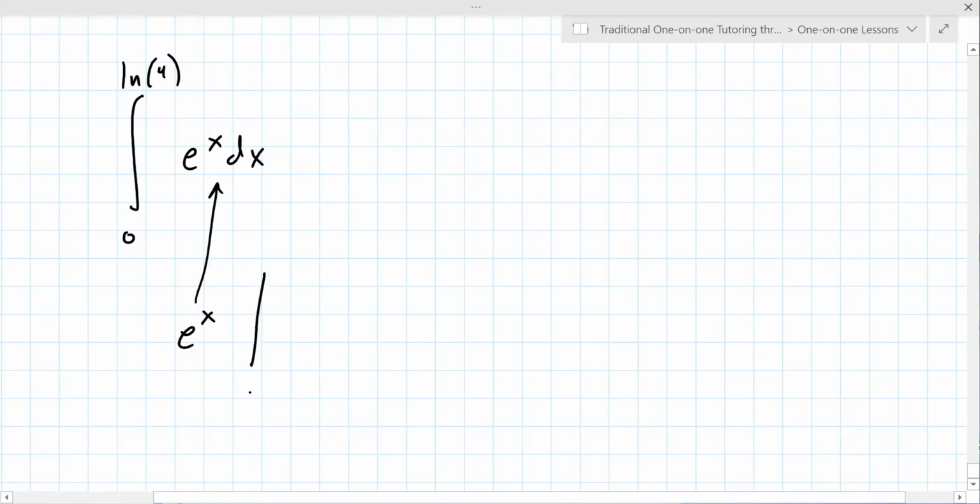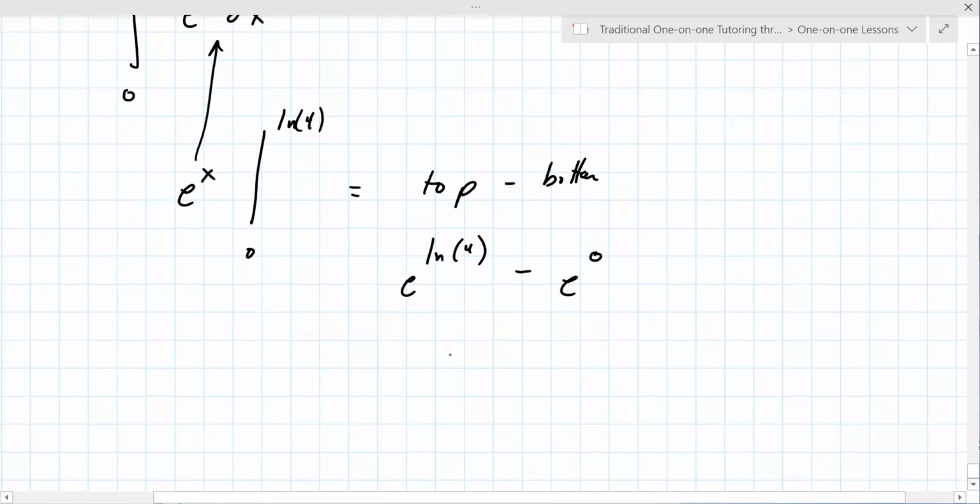Then you draw that line, and it's 0 and ln 4. That's top minus bottom. So it's e to the ln 4 minus e to the 0, and e to the ln of 4 is 4, and e to the 0 is 1, right? And so then it's just 4 minus 1 equals 3. Yes.